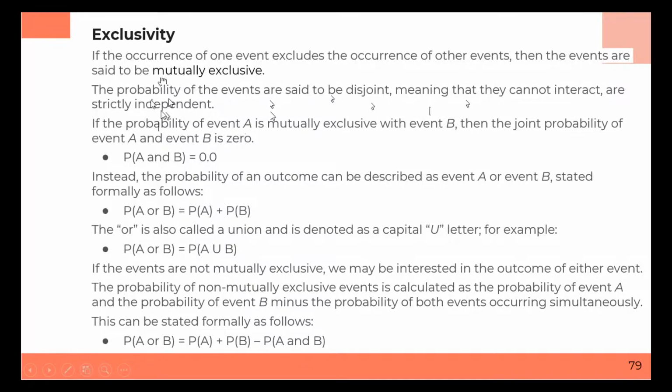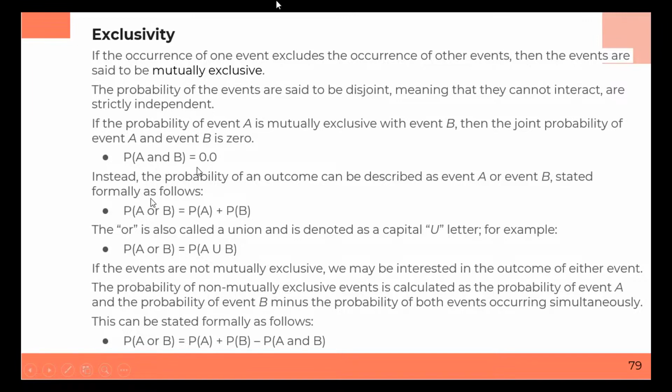If events A and B are mutually exclusive, what does that mean? A and B are opposites. Exactly. Then the joint probability of event A and event B is 0. Both cannot handshake. The probability of both meeting at a place and partying is 0. Probability of A and B is 0.0.